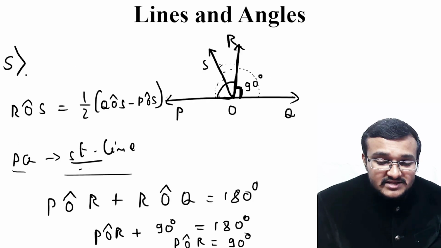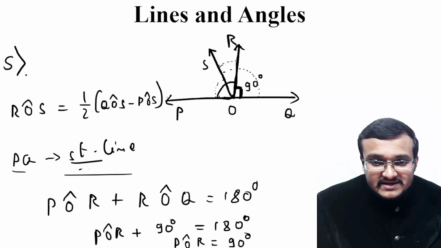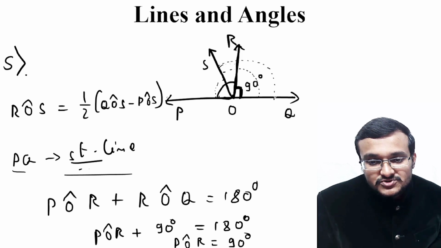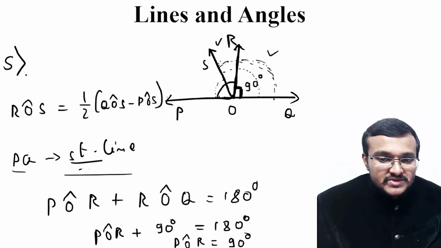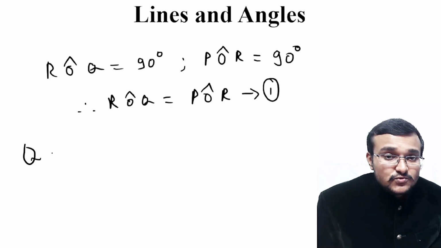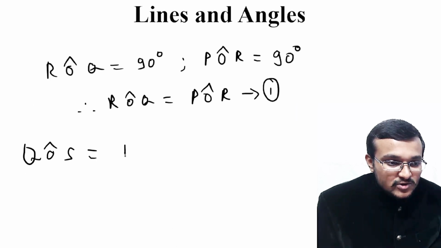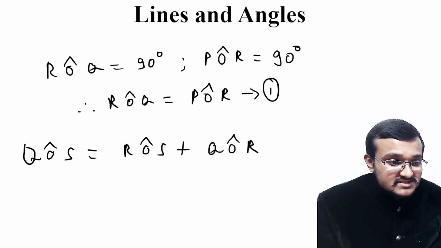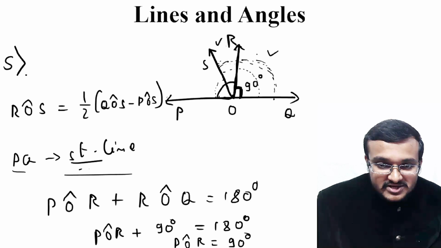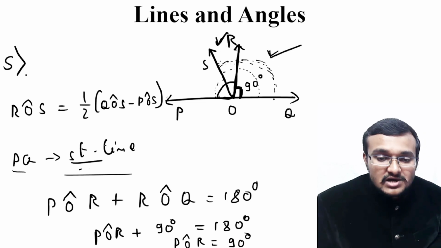Now in this image, if you consider this entire angle QOS, then it is the sum of this angle ROS and QOR. So we'll take that angle QOS is equal to ROS plus QOR.